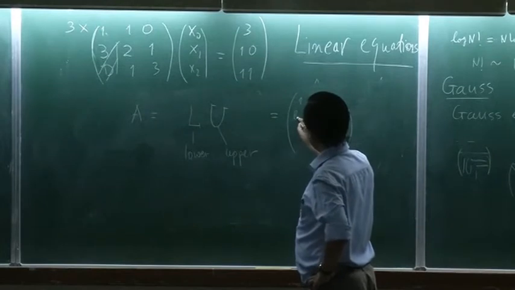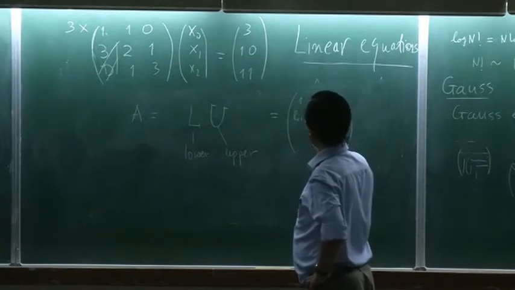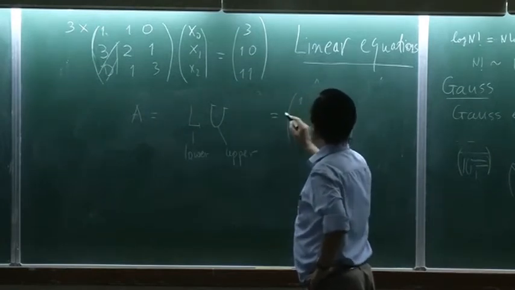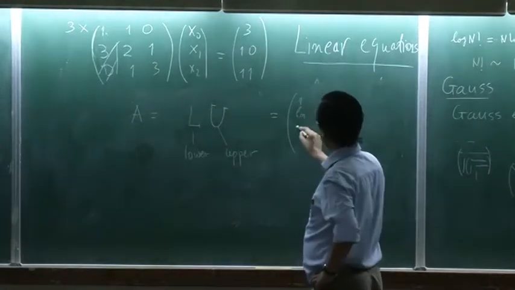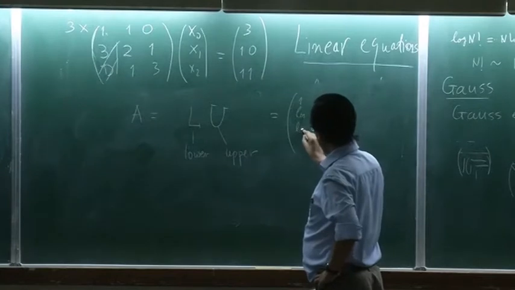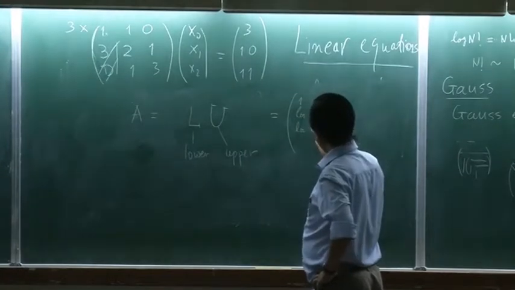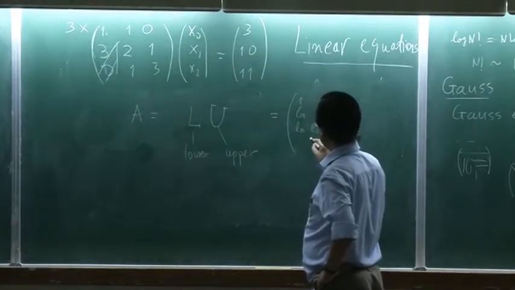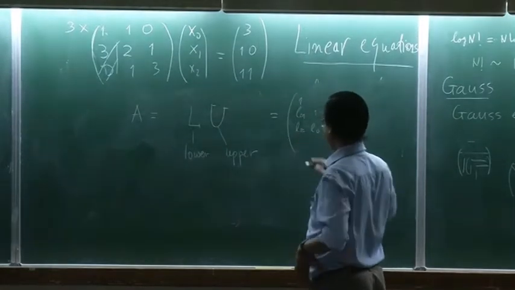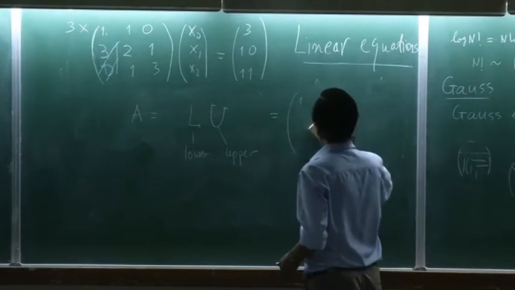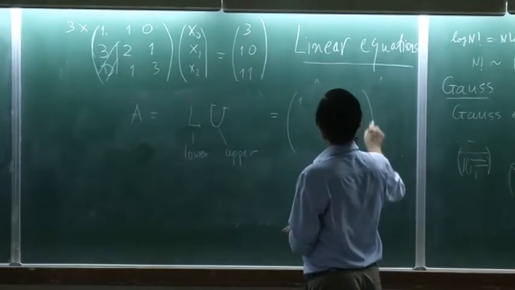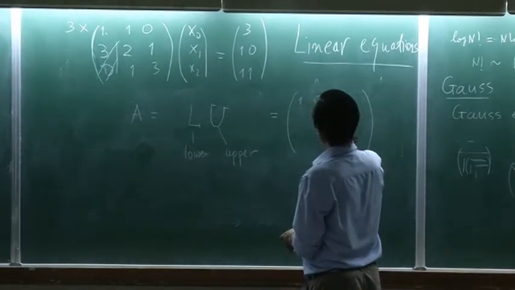And L00, no, actually L01. I don't have it in my computer. L01, then L02, what will that be? No, I am making a mistake. How would we write L? These are zeros.